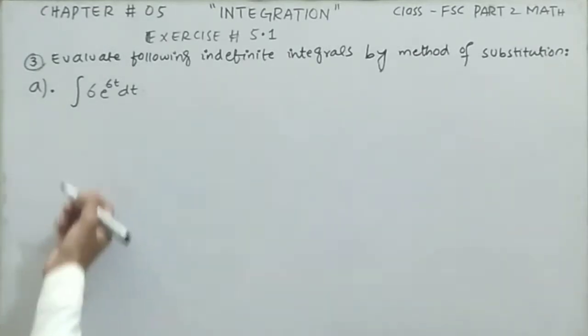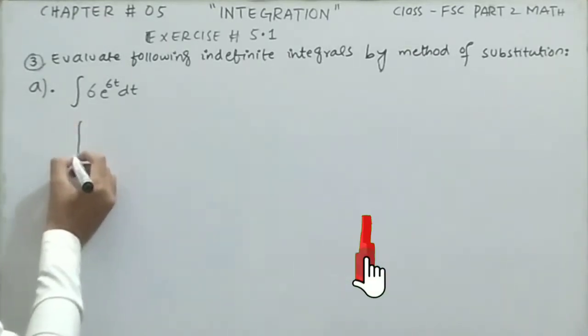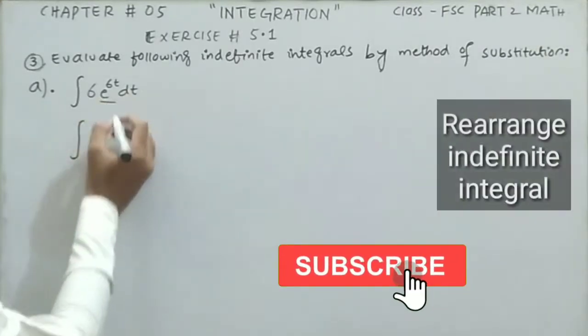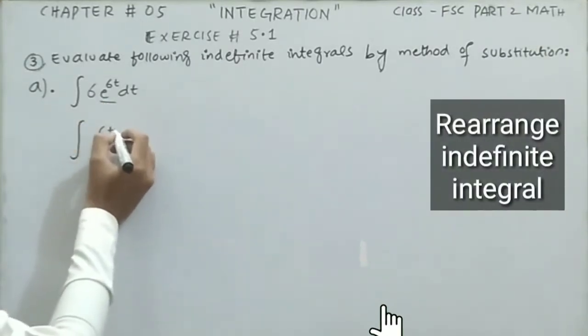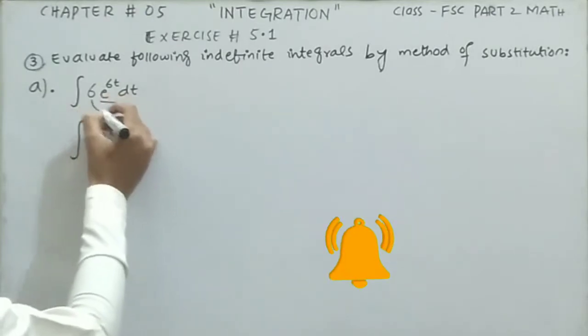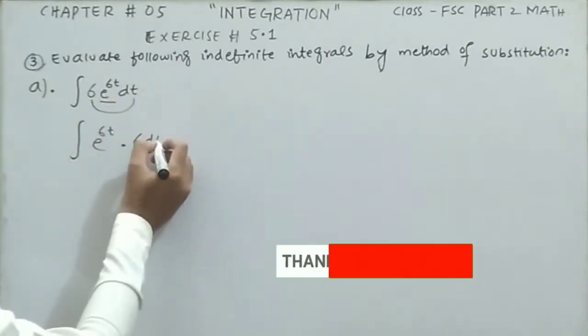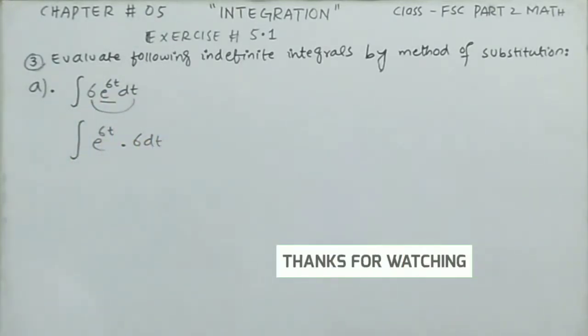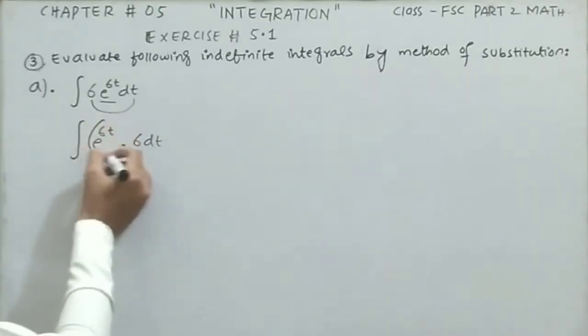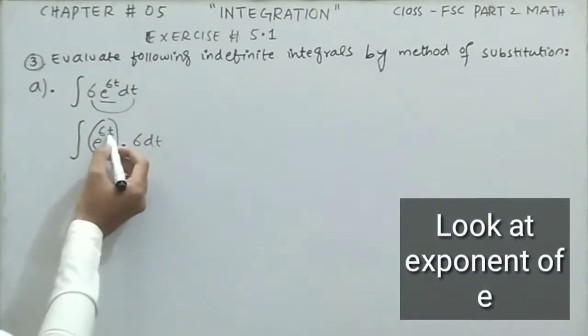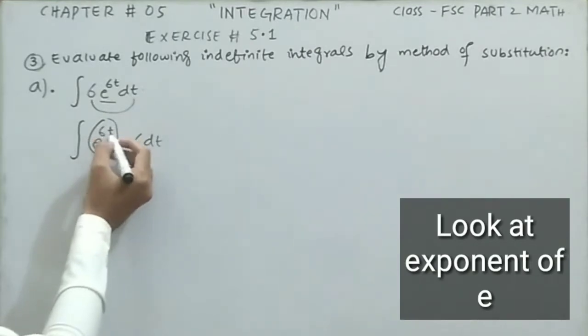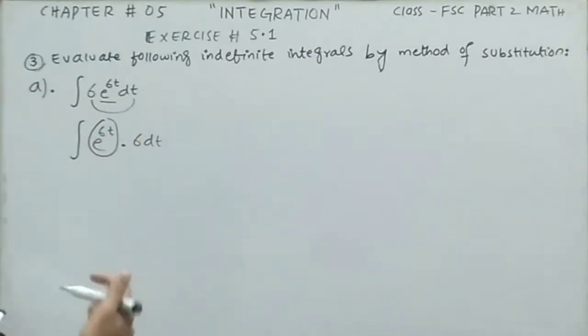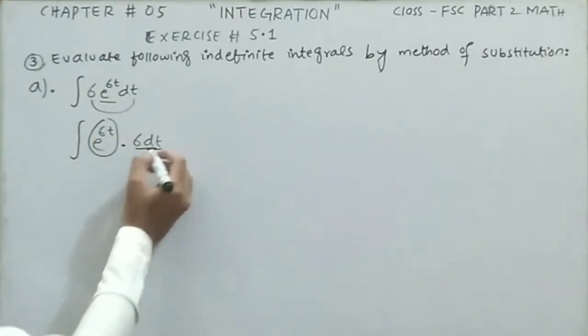So over here I can write the integral in the form of, first let's suppose I write e power 6t, and after this I write 6 dt. And now after this look over here, the e power is 6t. So let's suppose if we take 6t equal to some variable, so the derivative of 6t is available on the right hand side.